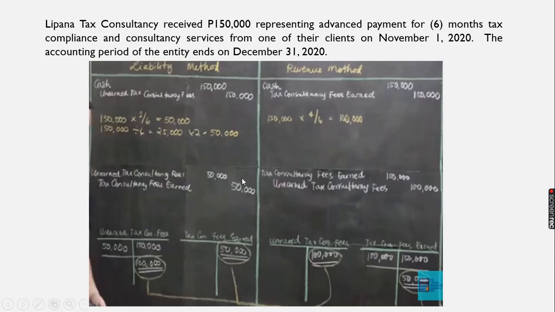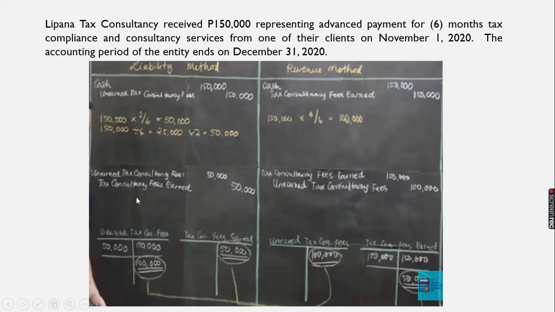So, ang ilalagay mo dito sa adjusting entry for December 31, 2020, unearned tax consultancy, magiging debit na siya, 50,000, and tax consultancy fees earned, 50,000, under liability method yan. So, gawan natin siya ng T account para mas maintindihan.